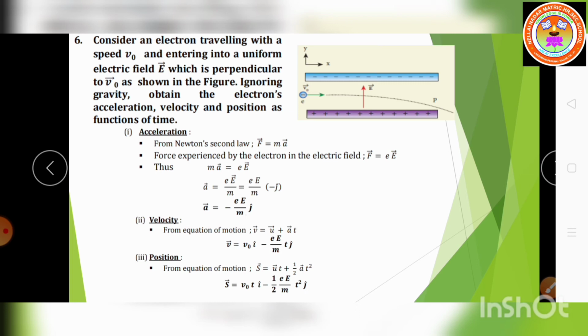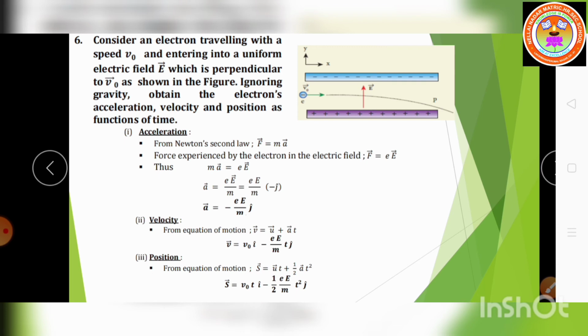The value of u vector into t is v0 t. The value of a is negative eE by m into j cap, so write the value of a vector into t square. The unit vector you write at the end. Thus we get the formulas for acceleration, velocity and position as functions of time.